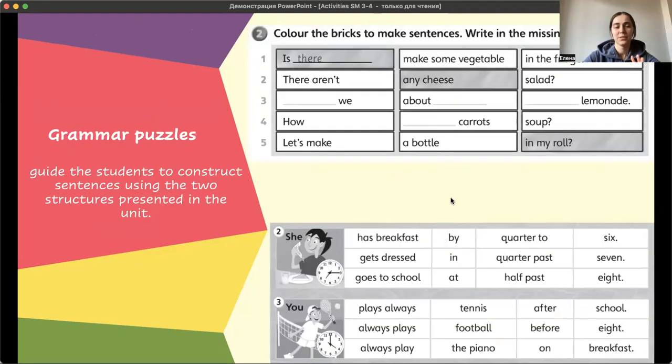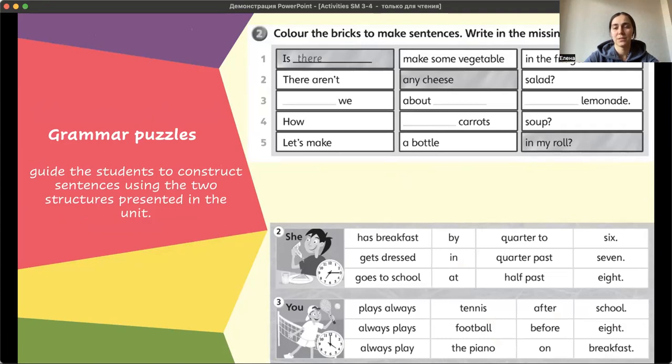So the next slide is about grammar puzzles that we have in our books, and these puzzles are aimed to help students construct sentences using the target grammar topics, which we can find in any unit. There can be two kinds.